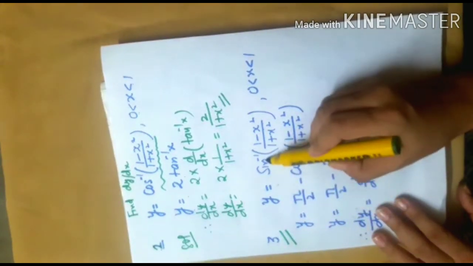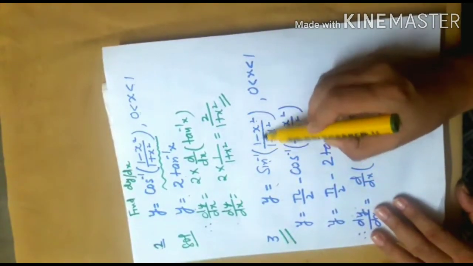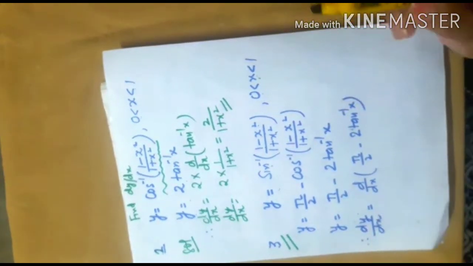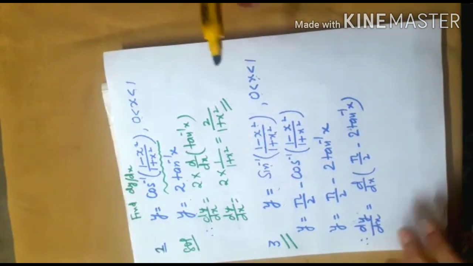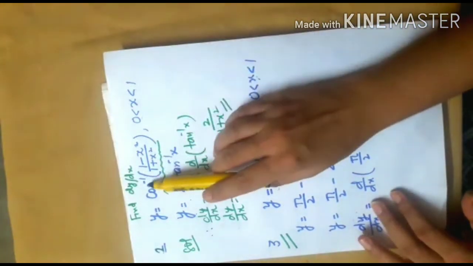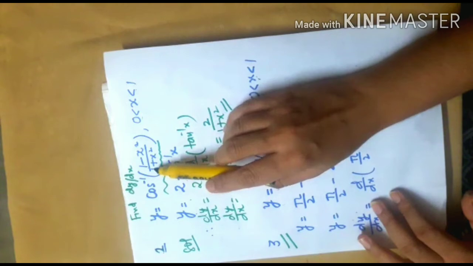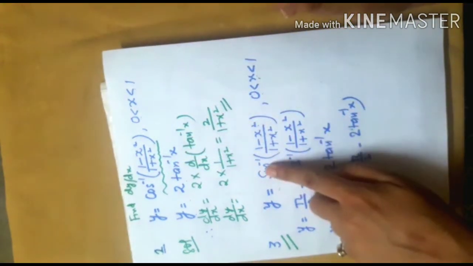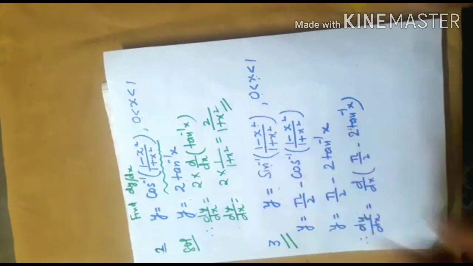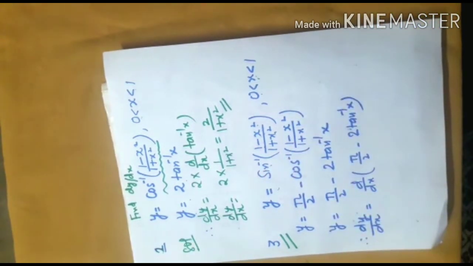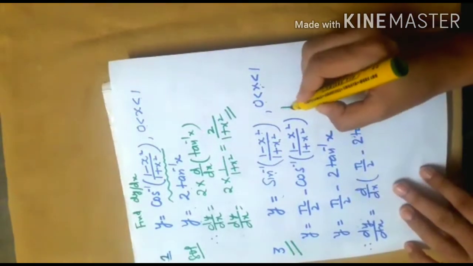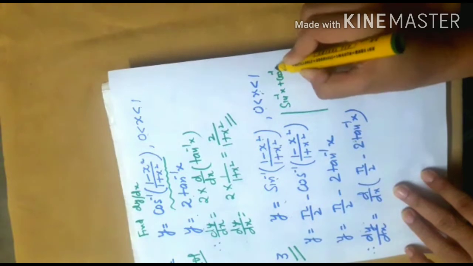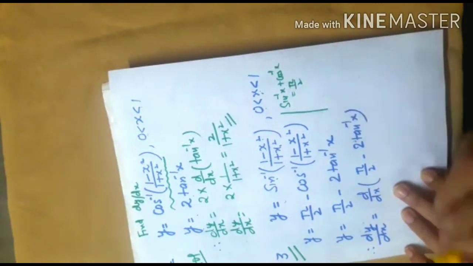Let's take another question. y is equal to sine inverse of 1 minus x square over 1 plus x square, where x lies between 0 and 1. Yes, we know that cos inverse of 1 minus x square over 1 plus x square is 2 tan inverse x. But here we have sine inverse. Can I change this to cos inverse? We can. We know that sine inverse x plus cos inverse x is pi by 2.